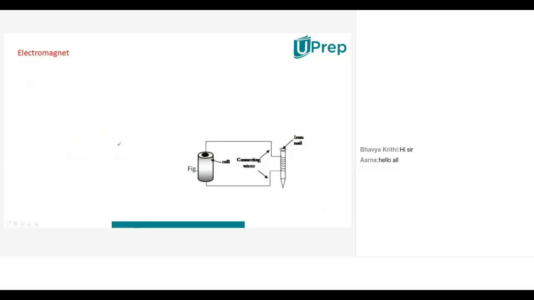And maybe you know that when electroplating occurs, generally we take one kind of a solution which is called electrolyte. And maybe I told you electrolyte sometimes will be there in the form of a paste or some solid form, semi-solid form, and sometimes it will be there in the liquid form.